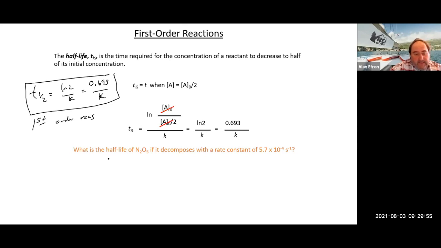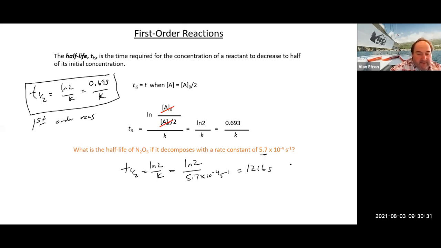So if we wanted to know the half-life of this as it decomposes with a rate constant of 5.7 times 10 to the minus 4, we would use our half-life equation, which is the natural log of 2 divided by k. Putting that in there, the natural log of 2 divided by 5.7 times 10 to the minus 4 reciprocal seconds gets you about 1,216 seconds.